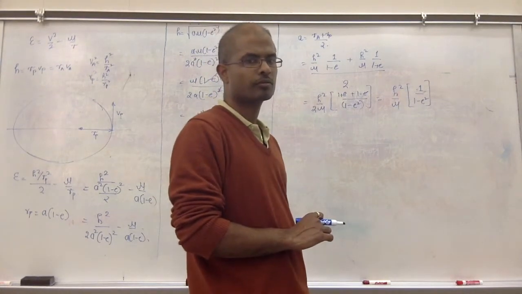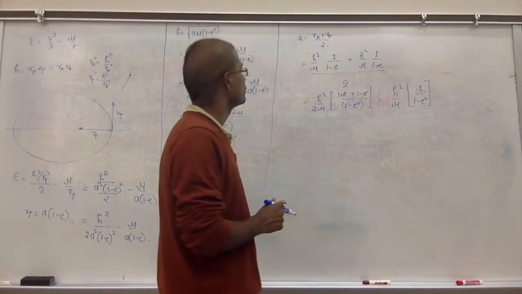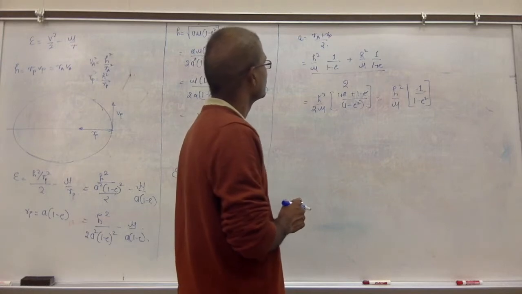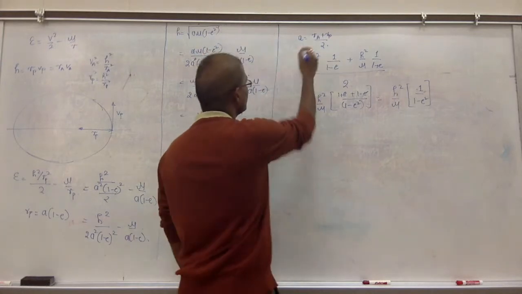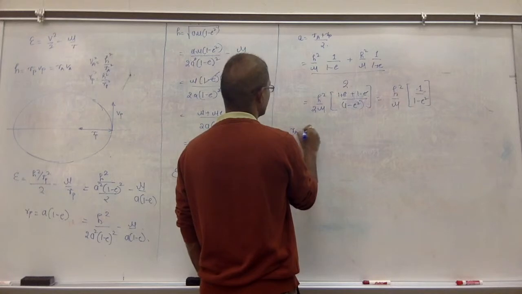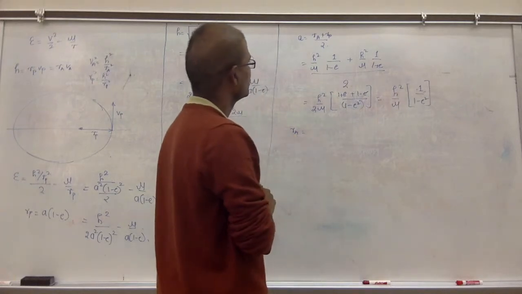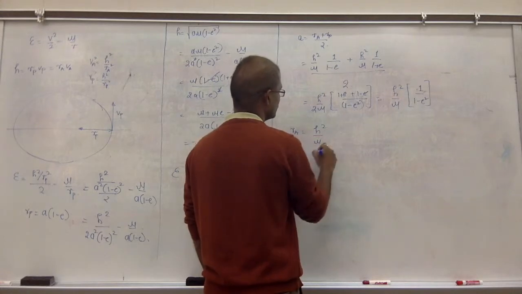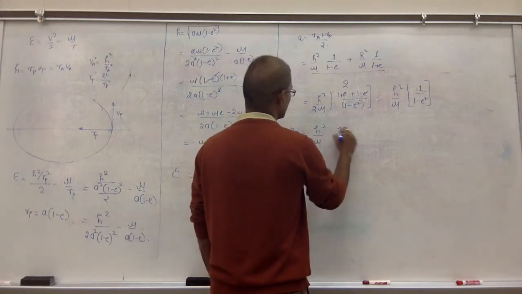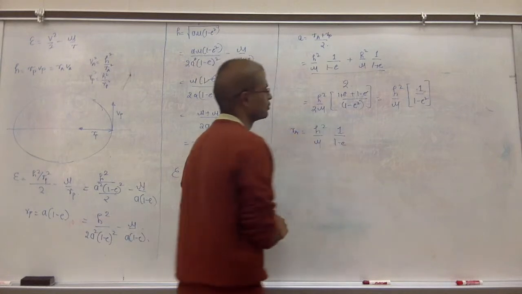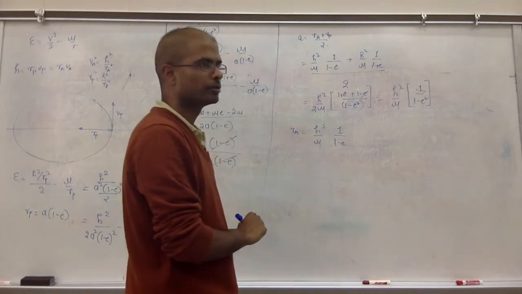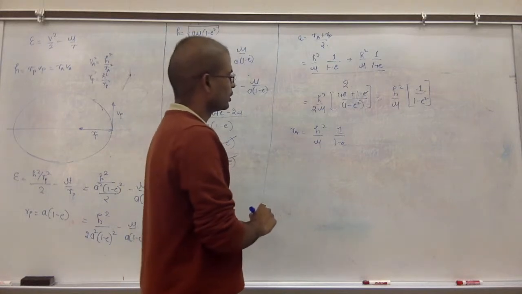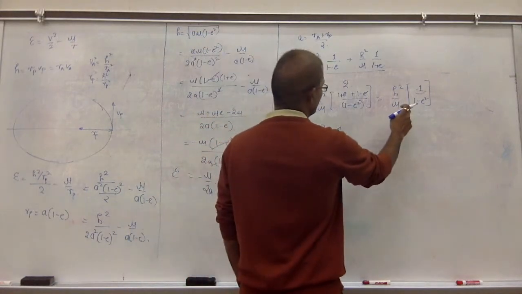So what do you need? Just use this result: RA is what? A square over mu, 1 over 1 minus E. Now look into this.